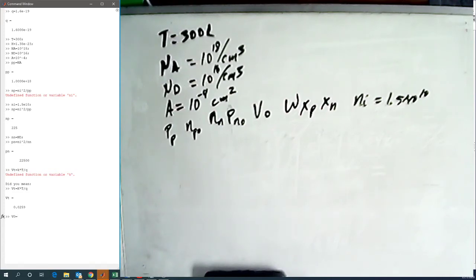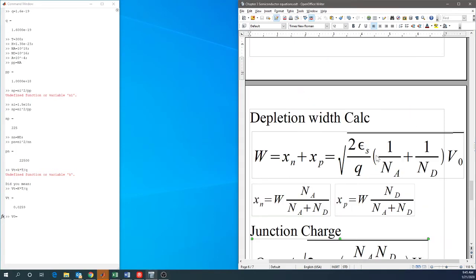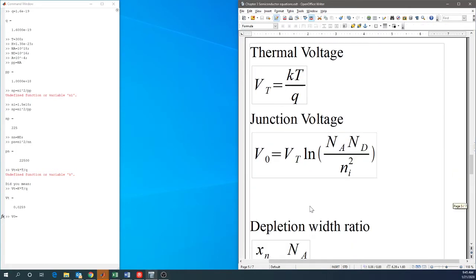Now V0, if we go back and look at the equation that's in the equation sheet, and let's move this up. We're going to find where that was. There it is.